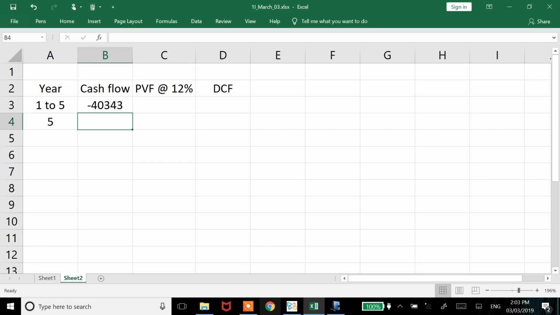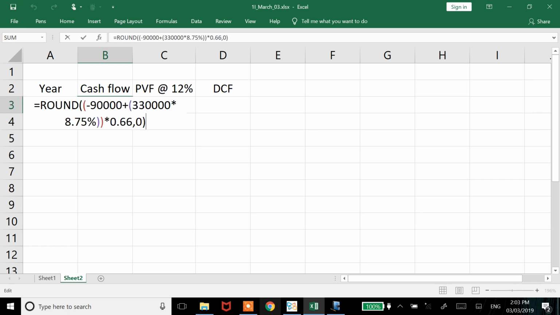You want to show calculation, you can show it. It's 90,000 of lease rent, 330 into 8.75% of interest income, net expense into 66%.